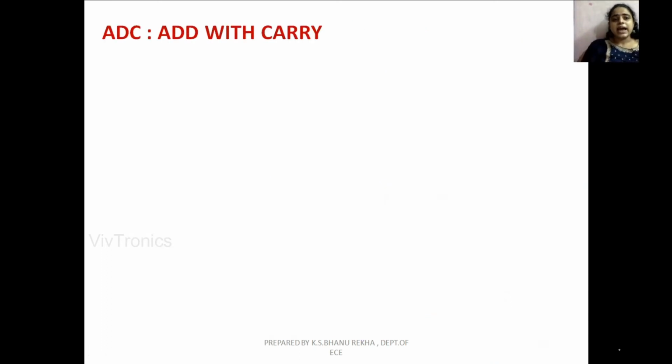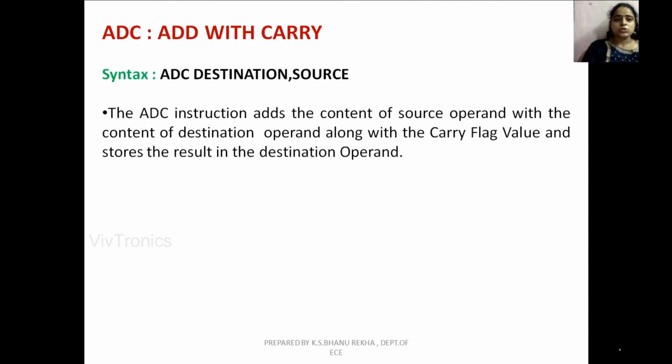Next one is ADC, add with carry. The syntax is the same, ADC destination comma source. The ADC instruction adds the content of the source operand with the content of the destination operand along with the carry flag. The major difference between ADD and ADC I am going to tell you.